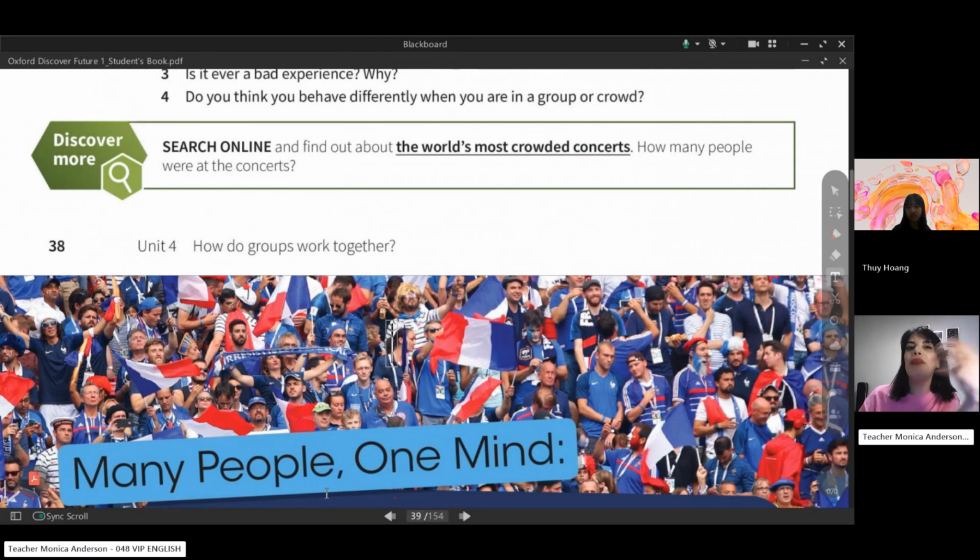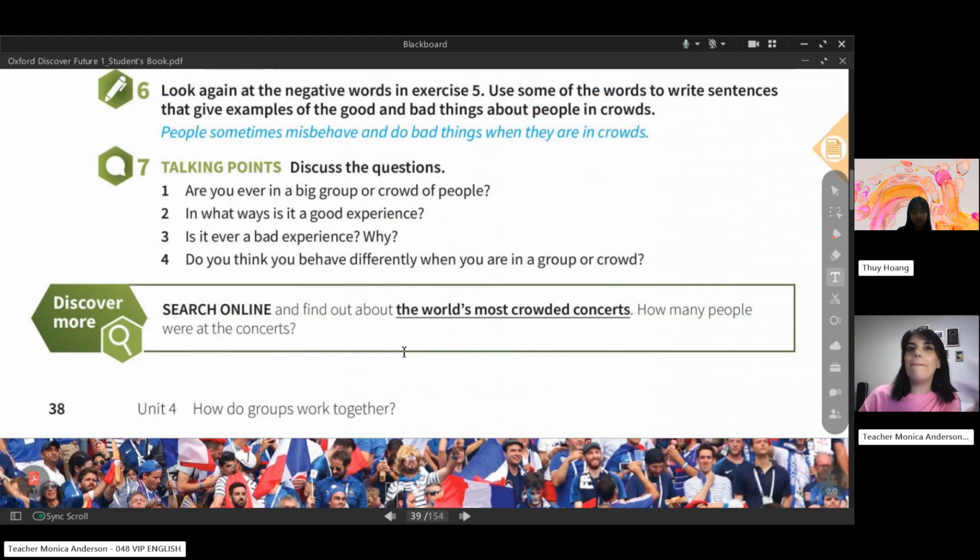For example, what bad behavior do students do and show in a classroom? No? So they don't have any bad behavior? So what? Talk to the friend. Of course. For example, they talk to each other. Yeah, of course. Very good.